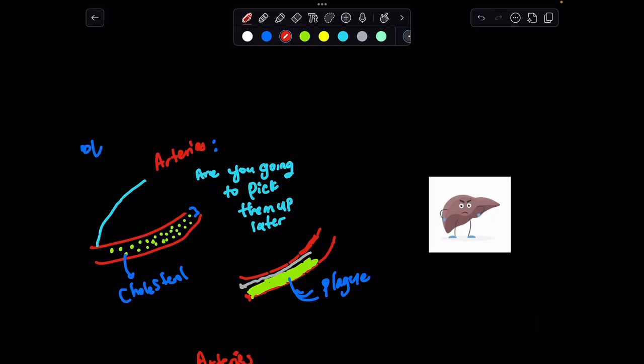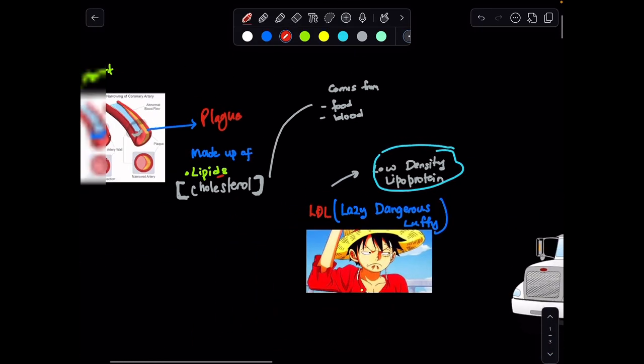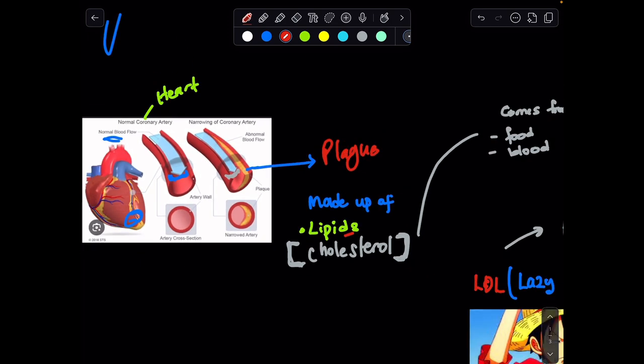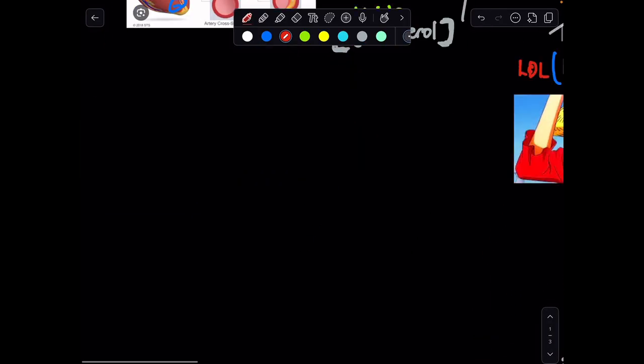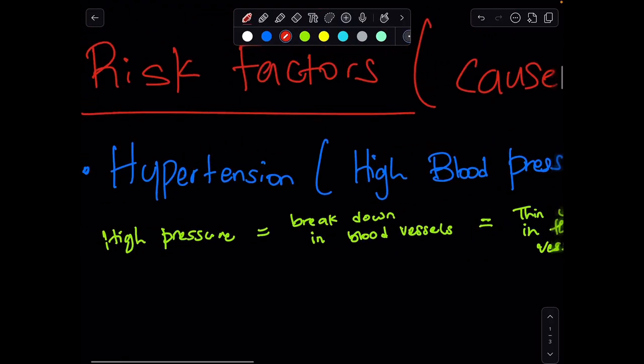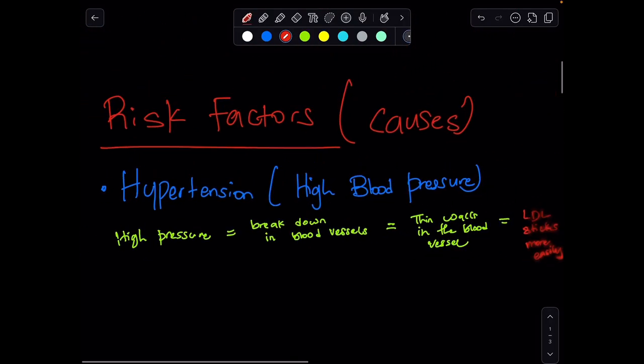And the plaque does what? The plaque causes coronary artery disease because it narrows the artery. Okay? So yeah, with high blood pressure, the pressure causes the walls to thin. The thin walls cause LDLs to stick more easily.